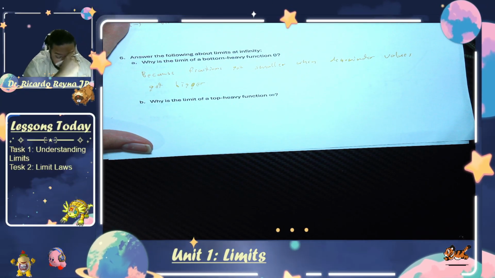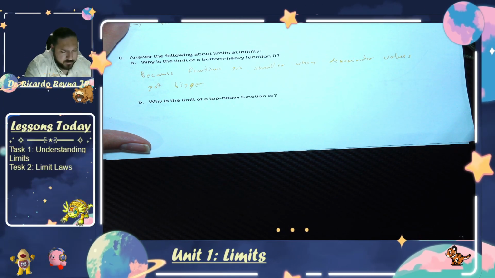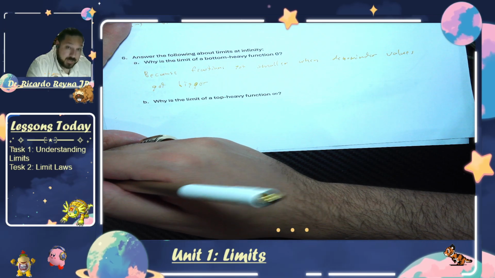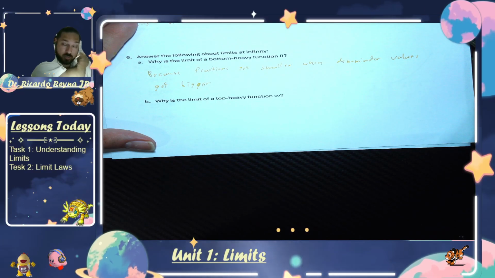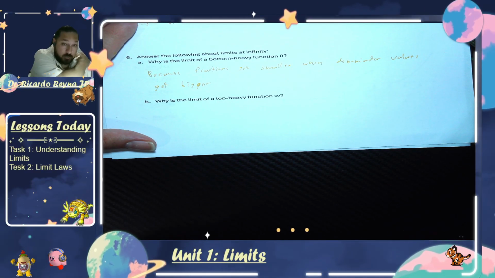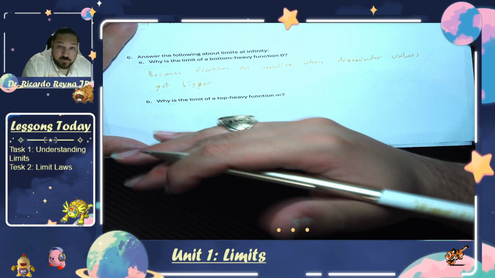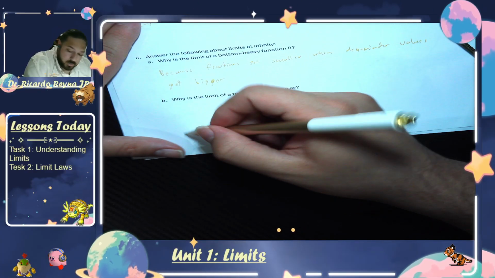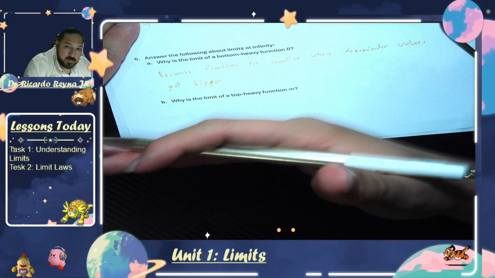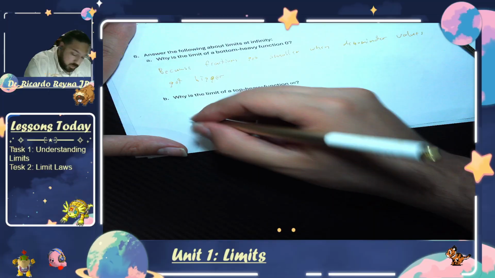Okay. Why is the top heavy function infinity? Similar vibe. The gimmick here is that, regardless of how much the denominator is increasing, if the numerator is increasing at a faster rate, which if it's at a higher degree, given that it's top heavy, it would be, then that means that it's going to keep increasing, and no matter what you actually divide it by, it's still just going to keep going towards infinity.